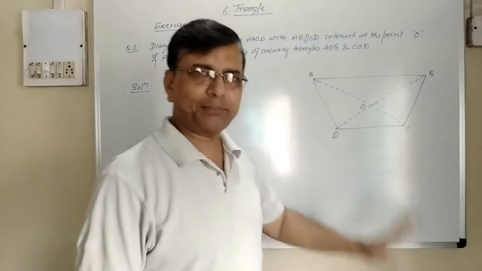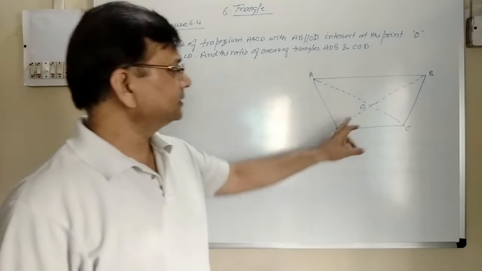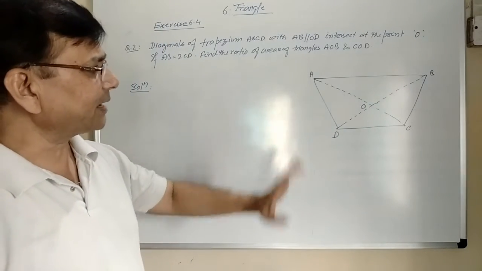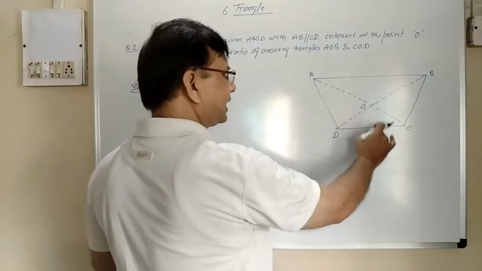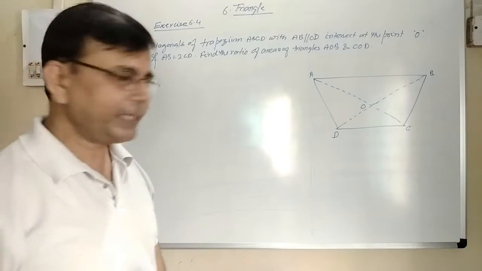So ABCD is a trapezium. What is given? That the diagonals intersect at the point O and AB is parallel to CD. Means these two sides of the trapezium are parallel to each other.